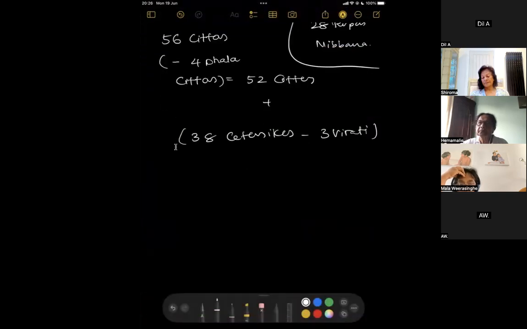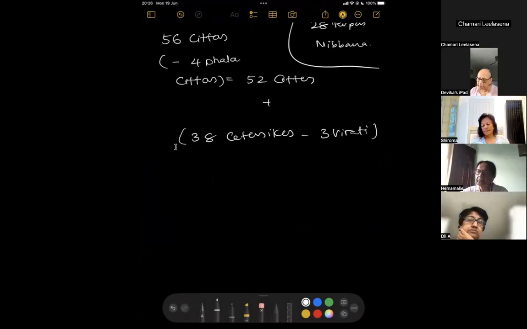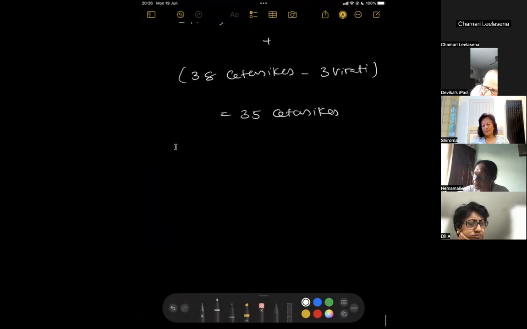Hence, we have 52 Chetasikas plus the 35 Chetasikas minus 3 viratis. Right? 28 rupas are dukkha satcha.